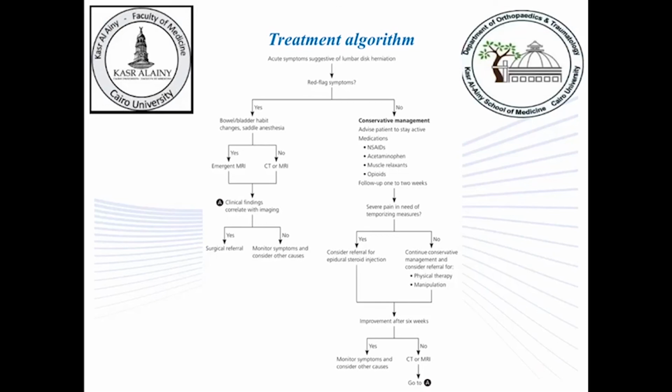If the pain is still there, nerve root injection and epidural injection can be considered. Otherwise, continue conservative management and consider physical therapy and manipulation. If improvement happens within 6 weeks, then we monitor the patient and follow up. If no improvement, we go for elective MRI or CT myelography.